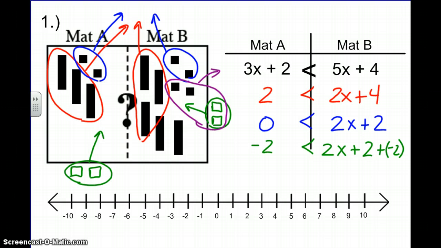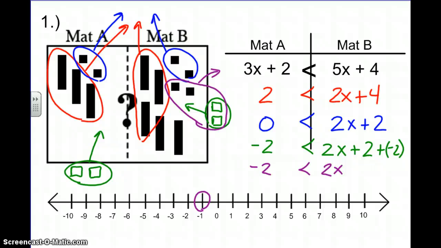So now we have negative 2 on mat A less than the 2 x's on mat B. At this point, we should try to make some sort of conclusion about the values for x. We need to identify the boundary point, the value for x that makes the 2 sides equal, and that boundary point would have to be negative 1. If you have 2 negative 1s on mat B, that makes it equal to the negative 2 on mat A.